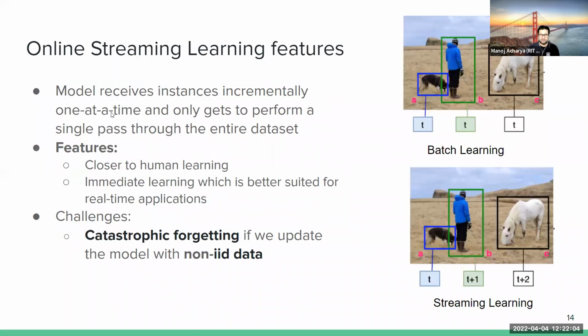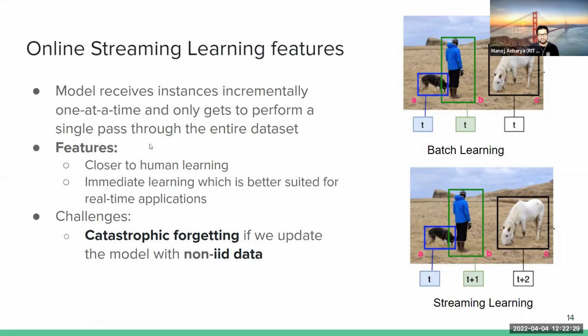Whereas in online streaming learning, the model receives instances incrementally one at a time and only gets to perform a single pass throughout the entire data set, right? So we are not seeing the data set multiple times, right? For example, consider this streaming learning setup where for different time steps T plus 1 and T plus 2, you have 3 different categories appearing one after another, right?